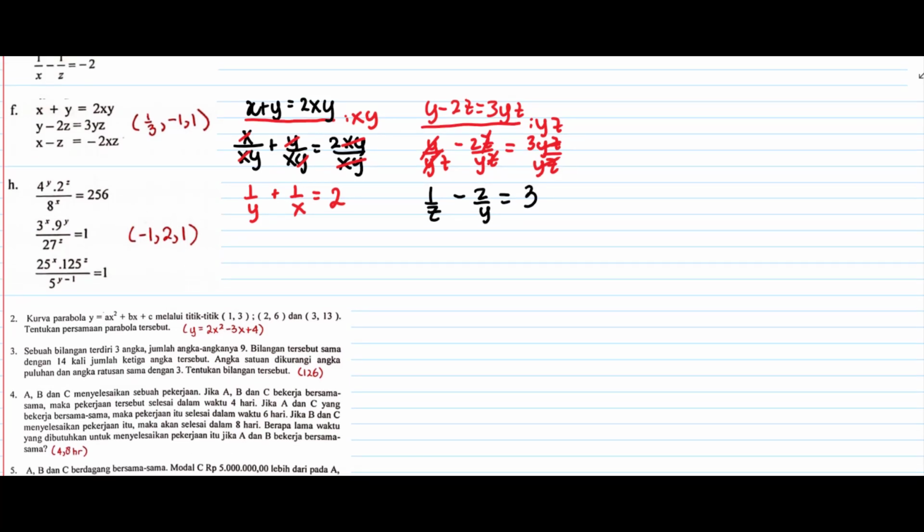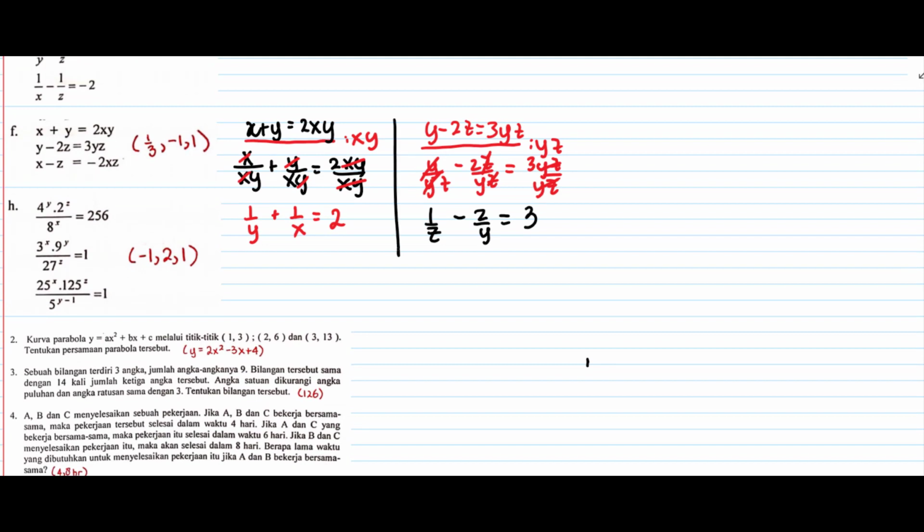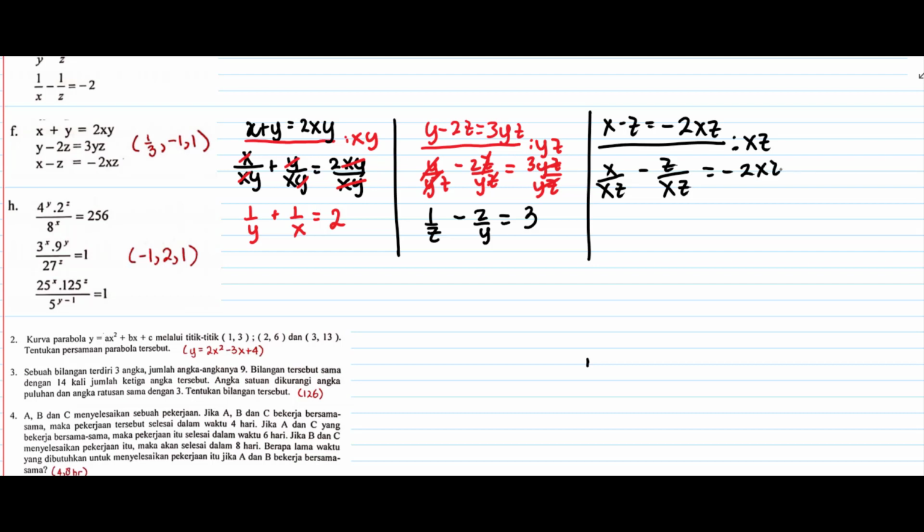And for the third one, I have x minus z equals negative 2xz. Okay, divide them by xz. So x over xz minus z over xz equals negative 2xz over xz. And then cross out. 1 over z minus 1 over x equals negative 2.